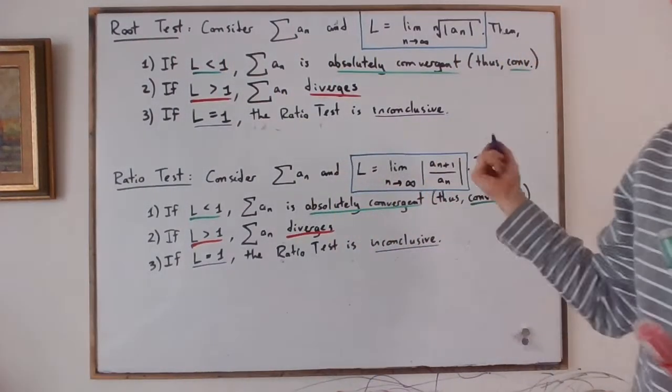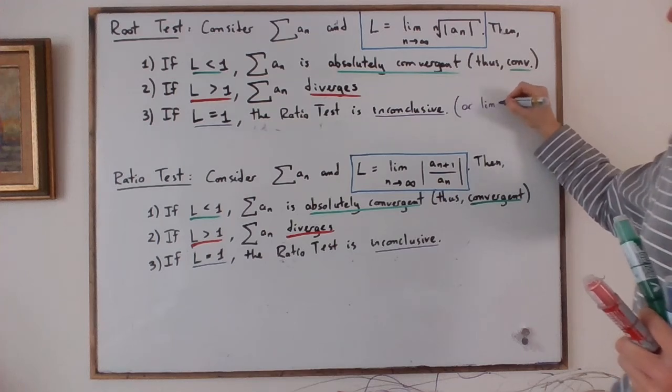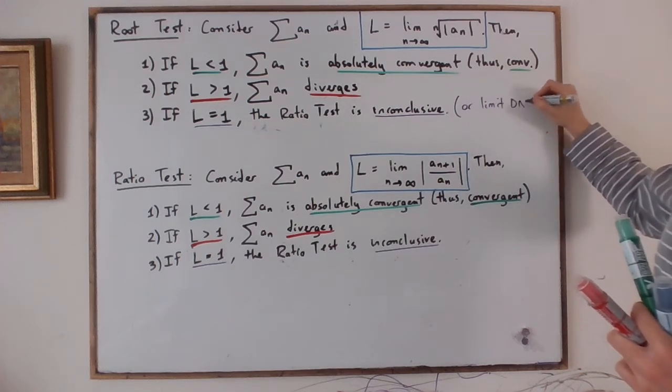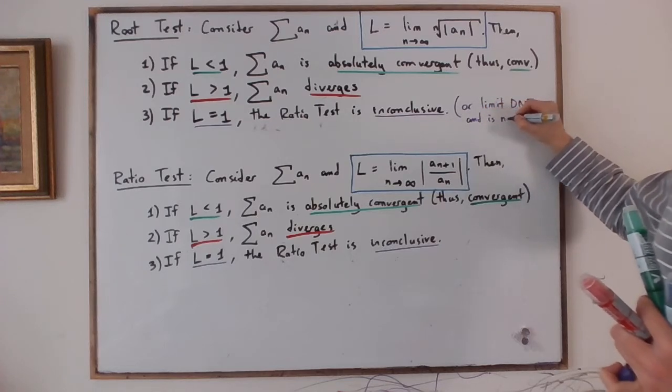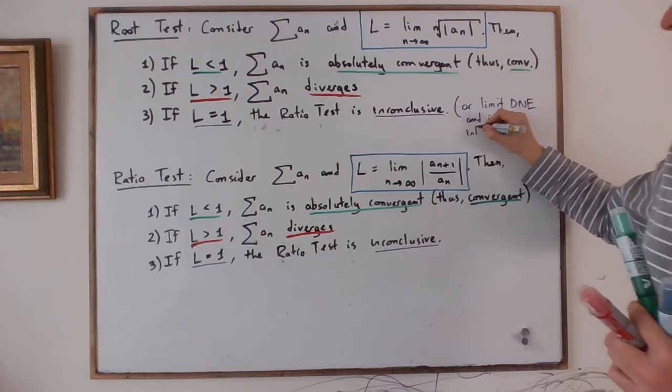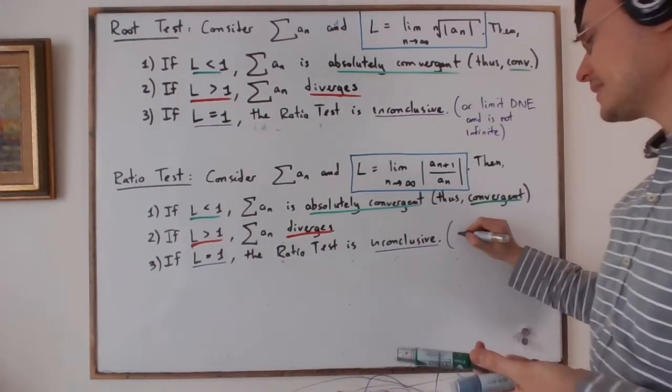And if L is exactly equal to 1, then the test is inconclusive. Now, I want to remind you that this is also the case when the limit does not exist and is not infinite. And same thing here, right?